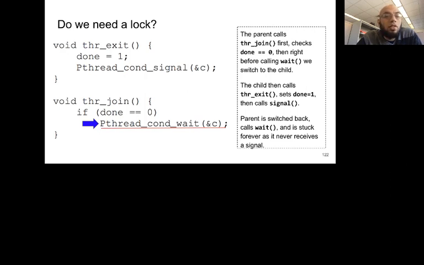The signal is again sent before you ever called condition wait. So you can get stuck forever in this loop, because you'll wait forever for something that will never happen because you just missed the signal.